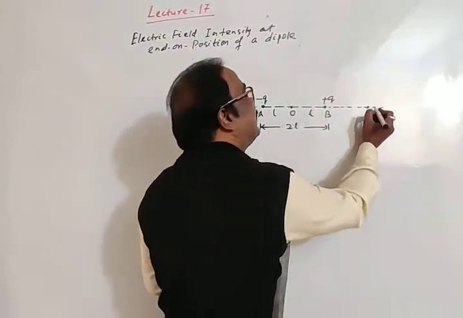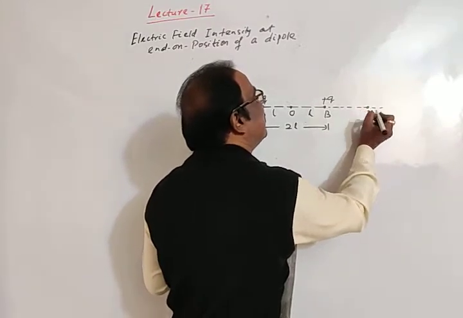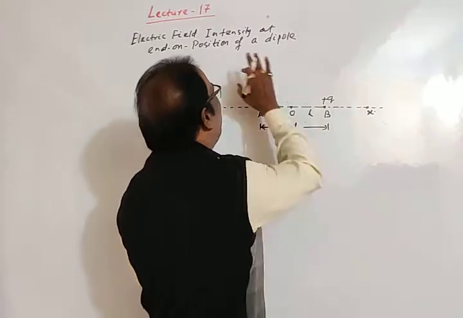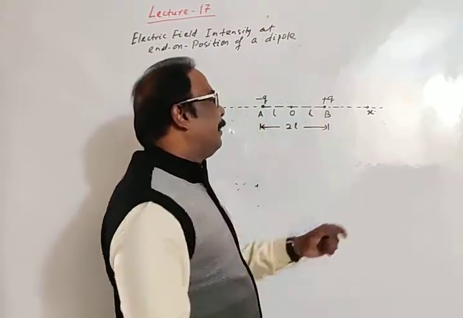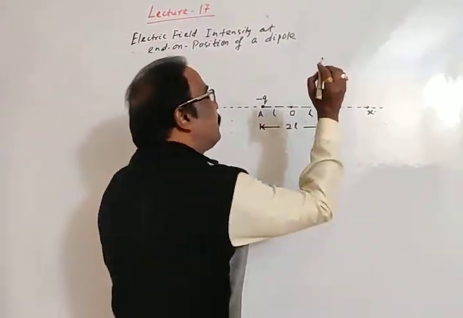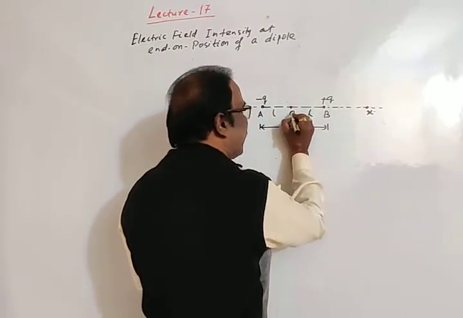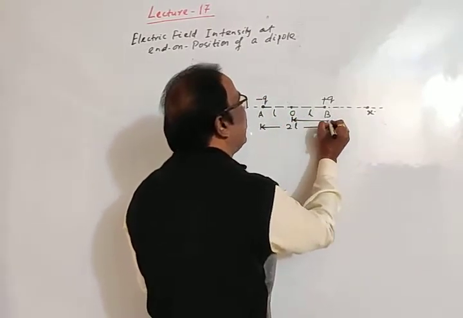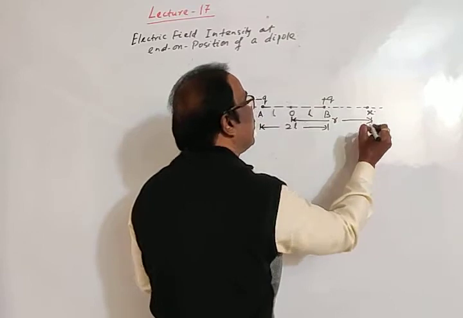Let's consider any point x on the axial line. Any point on the axial line of an electric dipole is called end on position. So this point is the end on position. Let this point x be at a distance r from the center of the dipole.